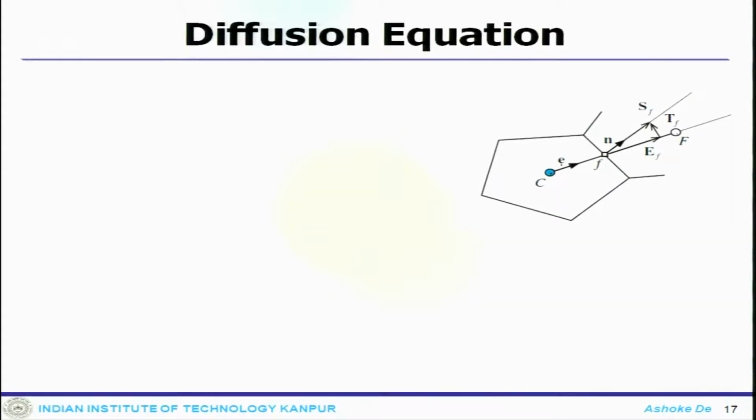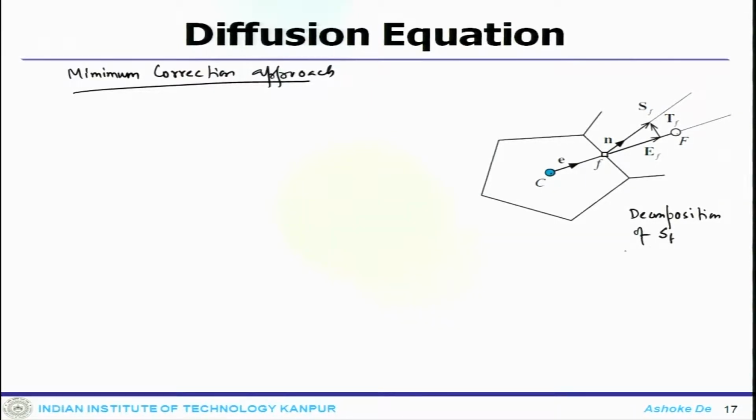So, this is an approach called the minimum correction approach. This is for the decomposition of a shape through the minimum correction method or approach.